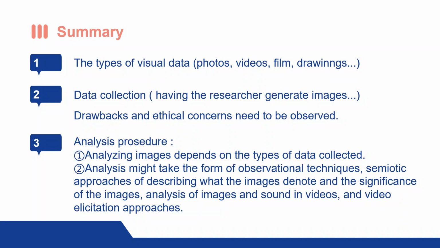These types of data can be collected in different ways. Such data collection involves the participants taking pictures or having the researcher generate images. In all of these data collection procedures, potential drawbacks and ethical concerns need to be observed.